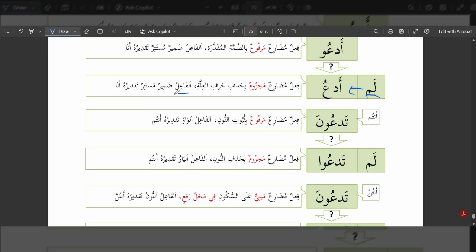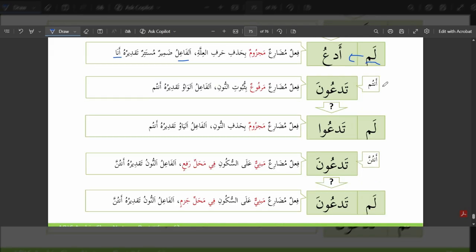That is hidden attached pronoun I. Then in antum, that is you all, the word will be tad'una. So فعل مضارع مرفوع بثبوت النون. Present tense in the marfu form with the presence of the noon. الفاعل الواو تقديره أنتم. So the fa'il here is the waw, which tells us that it is antum.